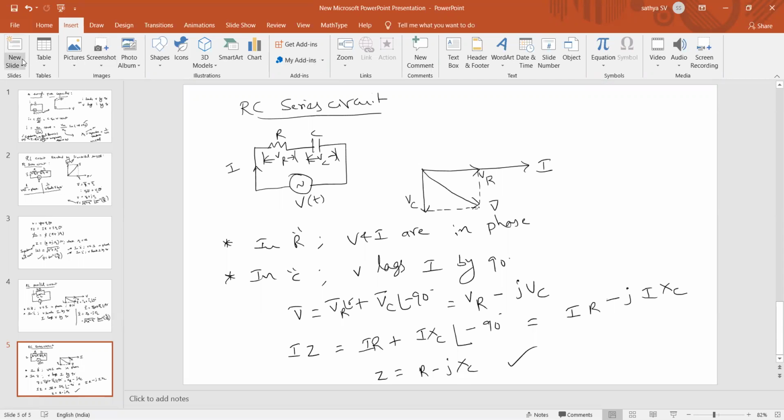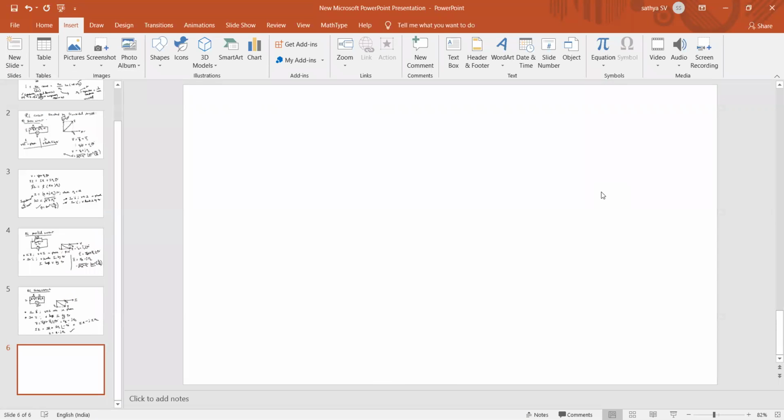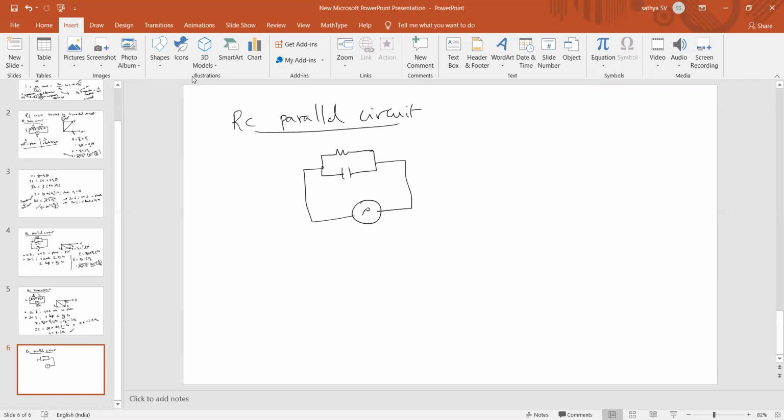Yes, sir. Right. So now will you draw the RC parallel circuit on your own? RC parallel. How resistance and capacitors are connected in parallel combination, with voltage and the current. Here it is a junction point, dividing as IR and IC, right?